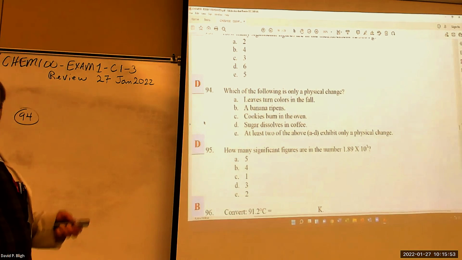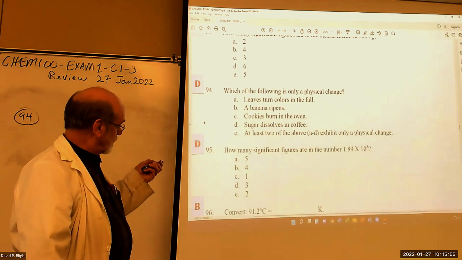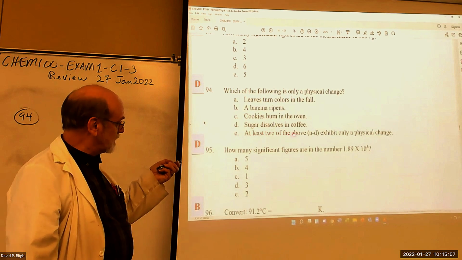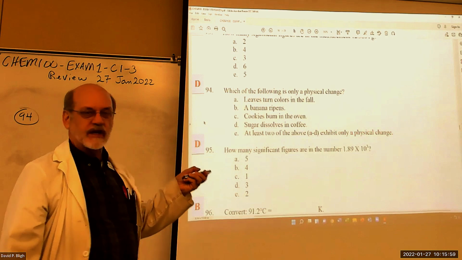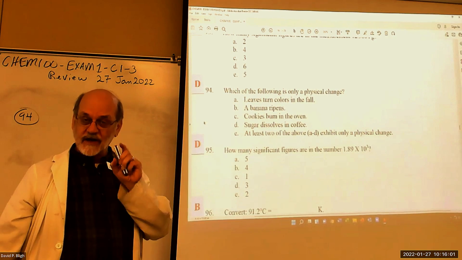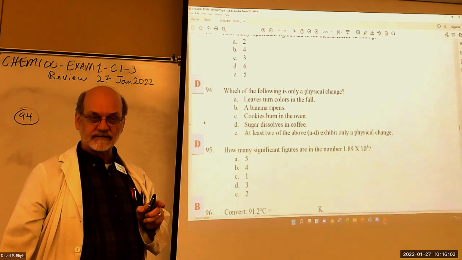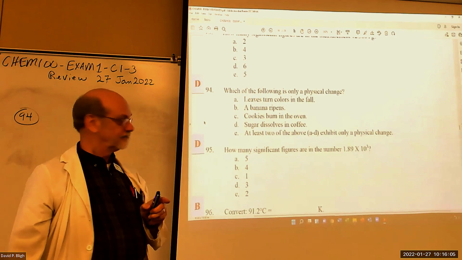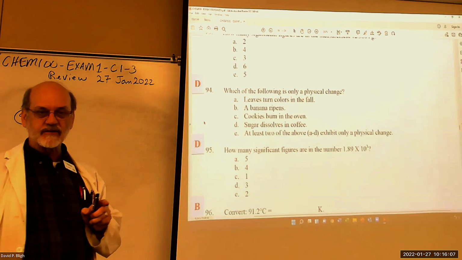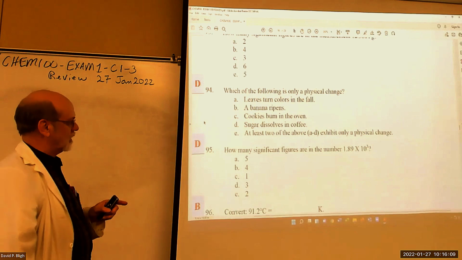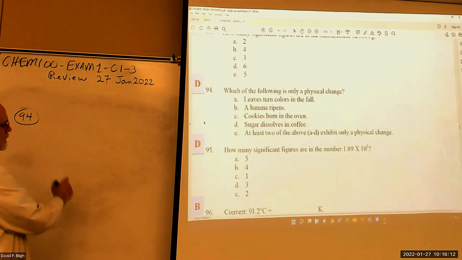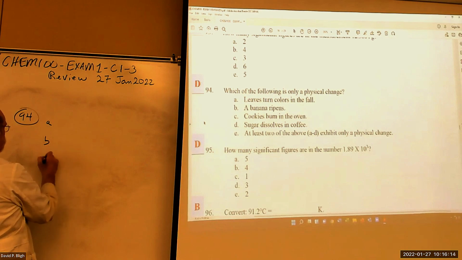Okay, now, here's one of those goofy ones. E says at least 2 of the above exhibit only physical change. That means you got to check all of the ones above. So we can't just find the answer and stop. We have to do all of them. Which of the following is only a physical change? A, B, C, D.